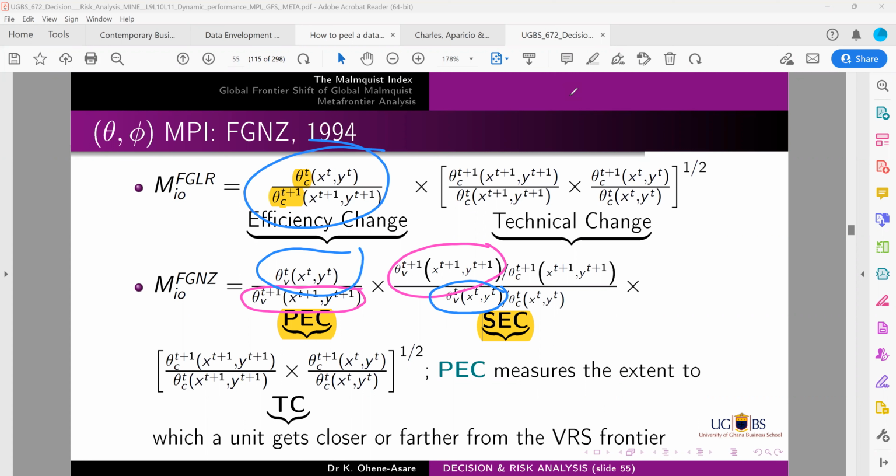So why this split? They did a split because they wanted to know the contribution of scale change. What is that? The size of a company can change. And when the size of the company changes, that can affect the overall productivity of the company. I'll give you an example. Let's say that a company has got a total asset of 4 billion.